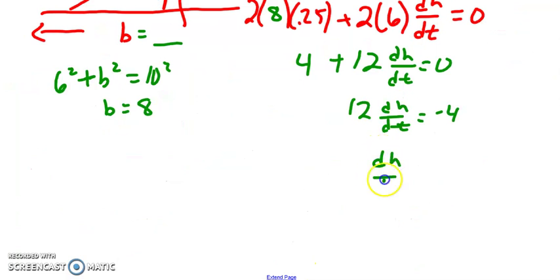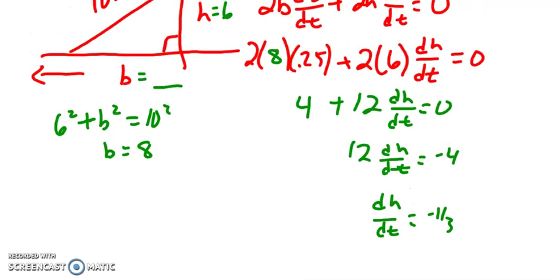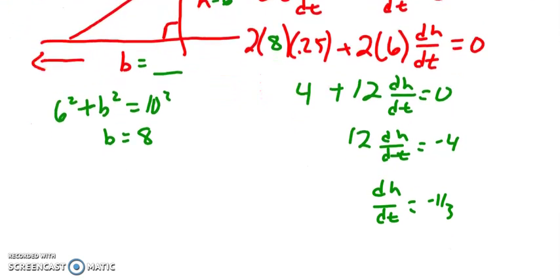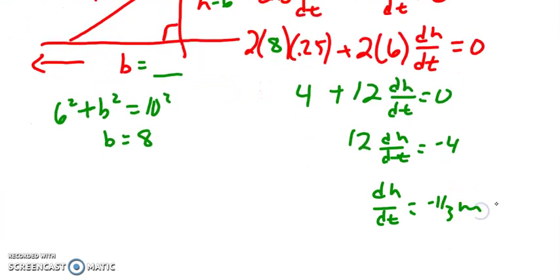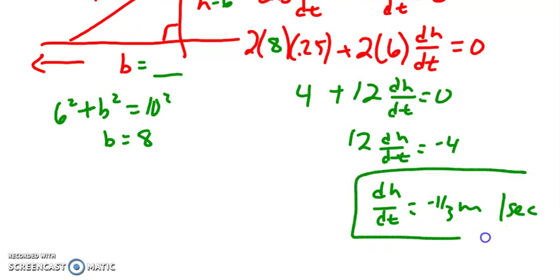And then divide by your 12. So that's going to be -1/3. And this is measured, I believe, yes, in meters per second. Okay, and that concludes example number 2.